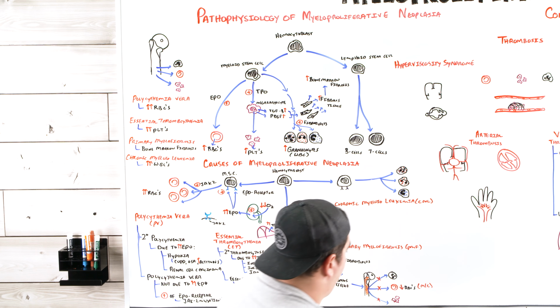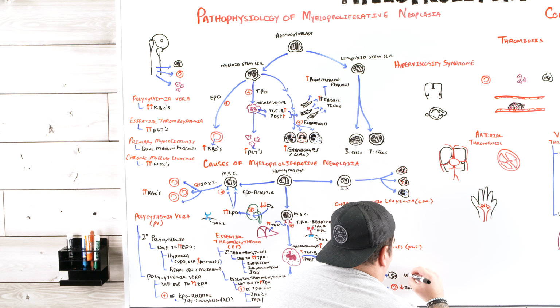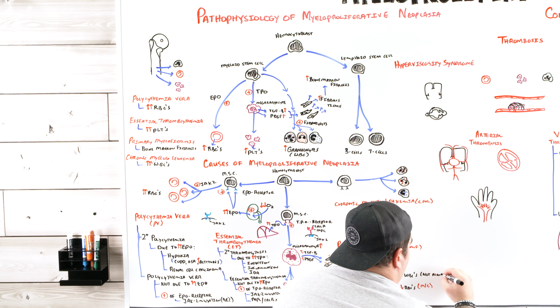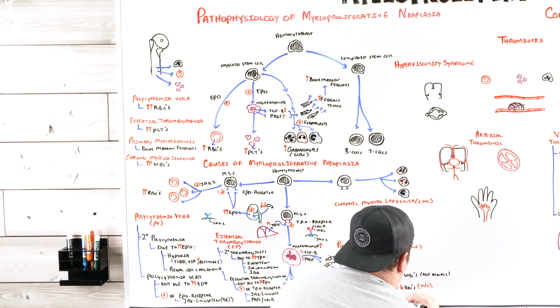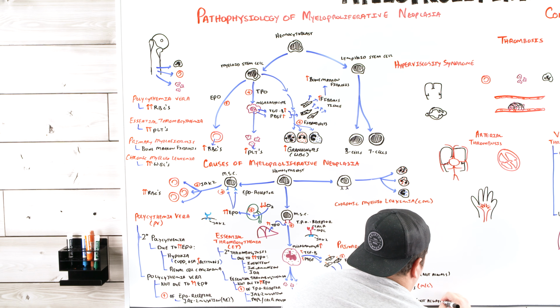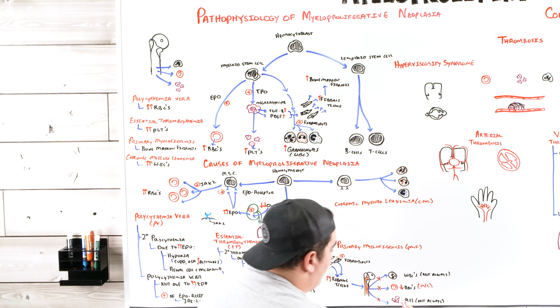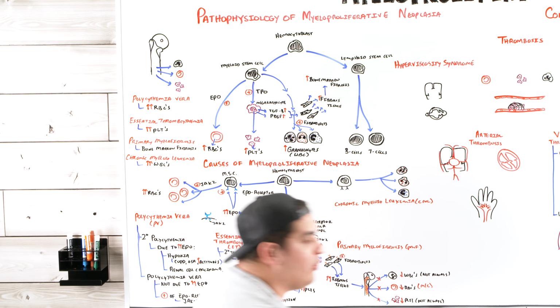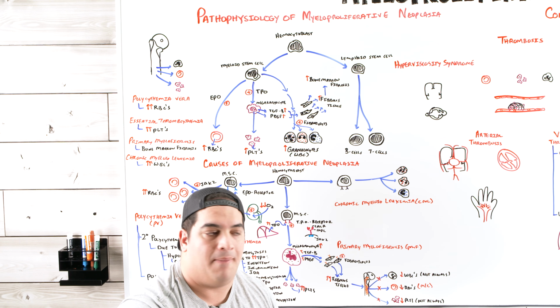You may start seeing a decrease in white blood cells, but let's remember, this is not always the case. And you may start seeing a drop in the platelets, but this is not always the case. So that's the big thing to remember: you may start seeing a drop in other cell lines, but the most common one to be affected is the red cell line.